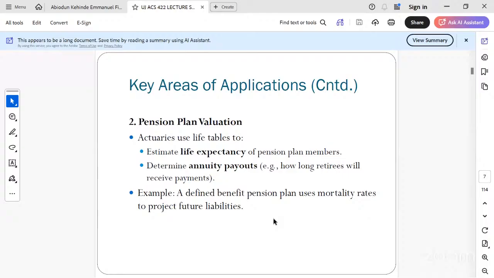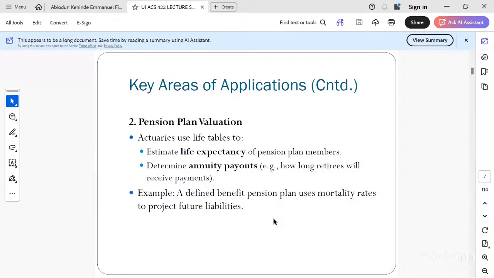Or how many you expect to apply. The life table will give you an insight in computing all these important metrics.